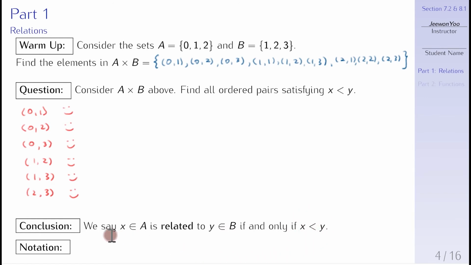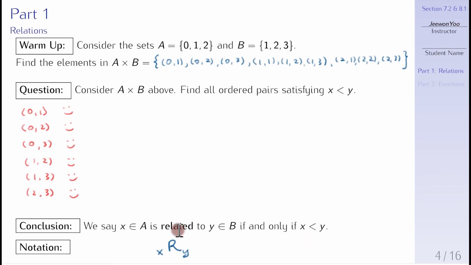The notation for this English sentence, we use this in mathematics. Did you notice this? x is related to y. We write it as xRy, but of course, I prefer to write x and y closer to the R. This is the notation.